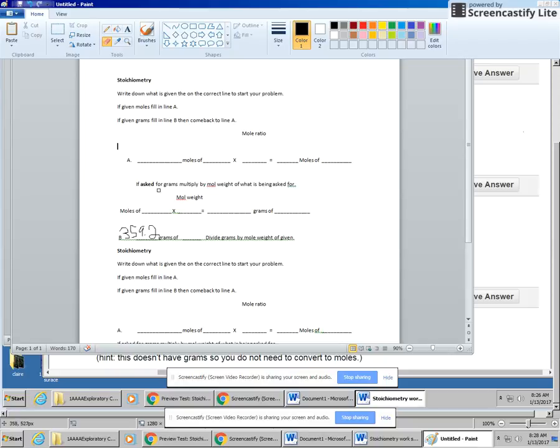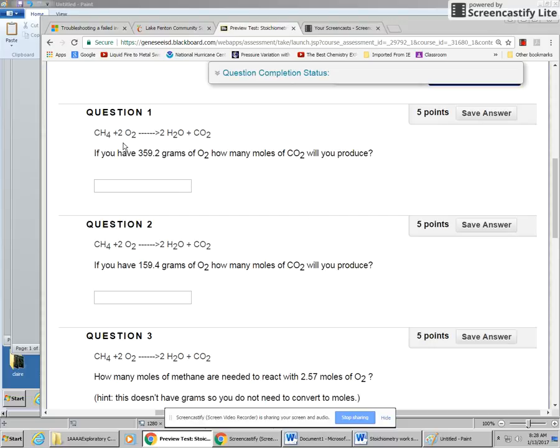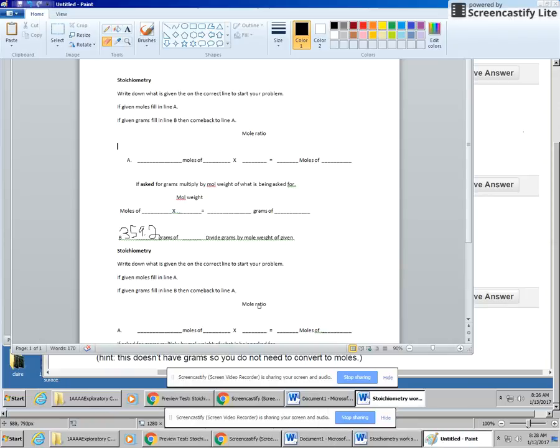So here you put your grams. Grams of what? You have 359.2 grams of O2. So you come here and you put O2. And then you divide grams by 32, because that's the molar weight of O2.